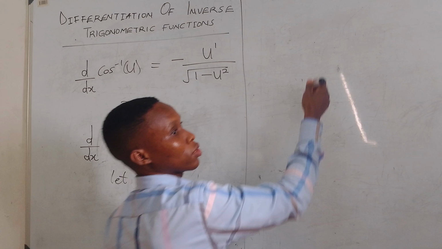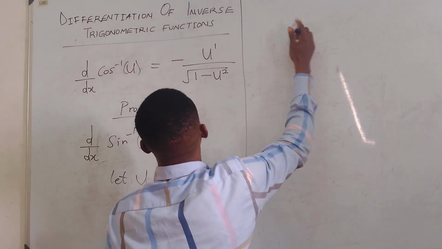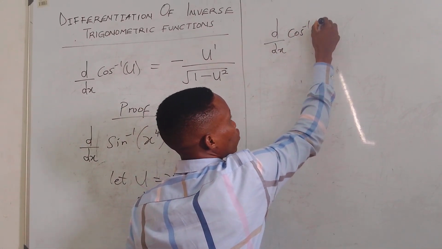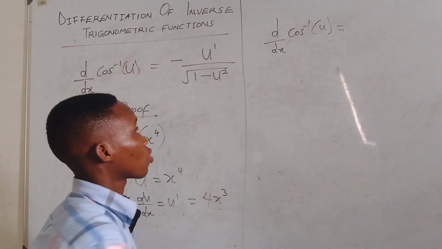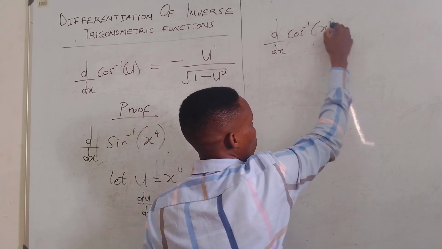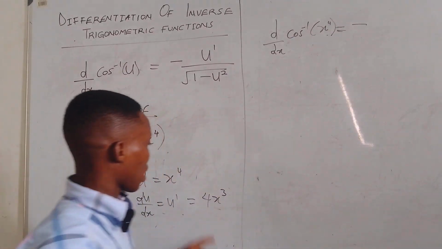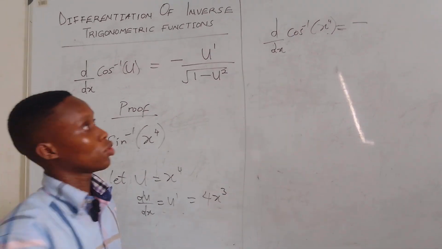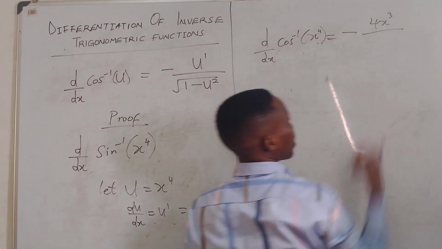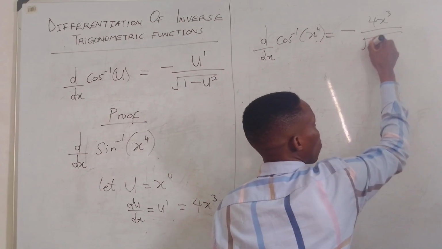So the derivative of cos inverse of x power 4 will now be equal to minus u prime, but u prime is now 4x to the power 3. So we substitute it here: 4x to the power 3, all divided by square root of 1 minus u squared.